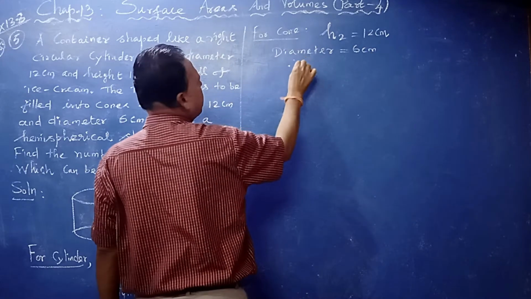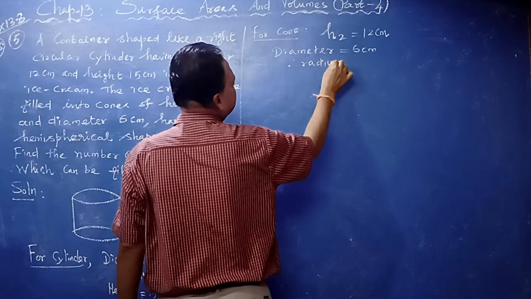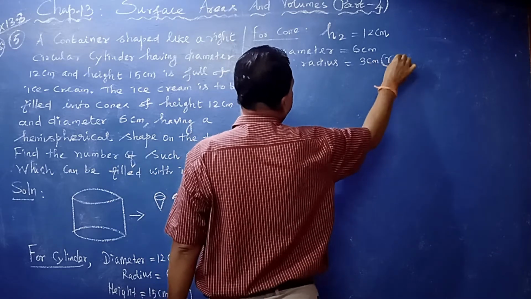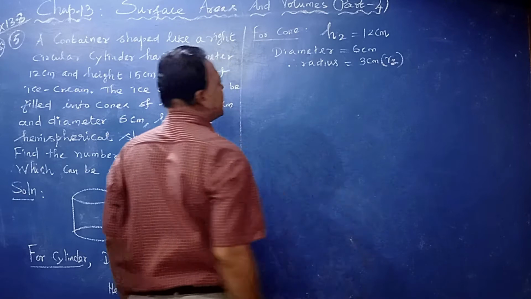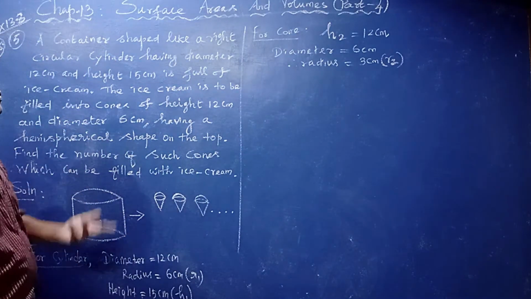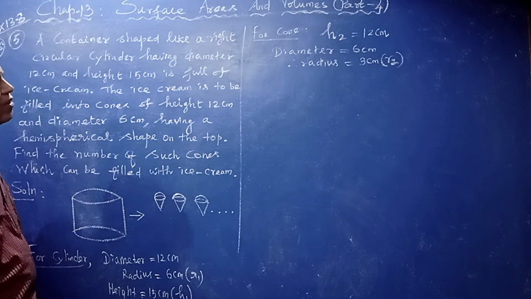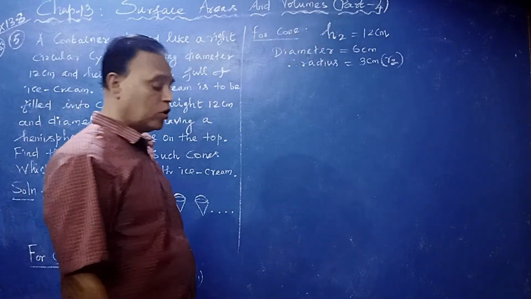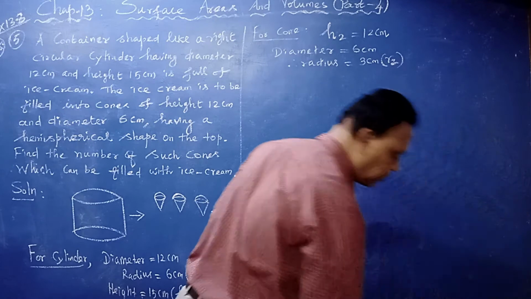Therefore, we need radius. Radius is diameter divided by 2, that is 3 centimeter. That is R2 you take. For the hemisphere also, same radius only. That's why you no need to write. It is understood, right?